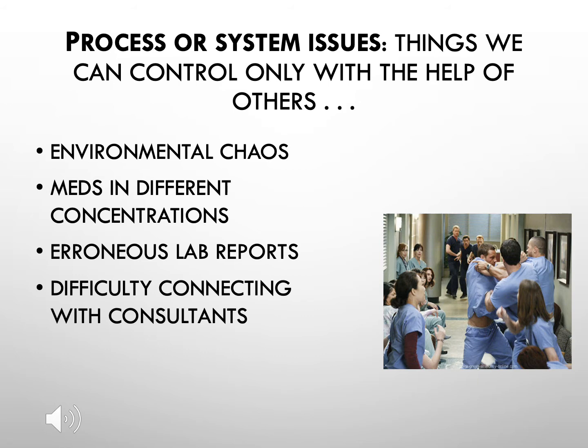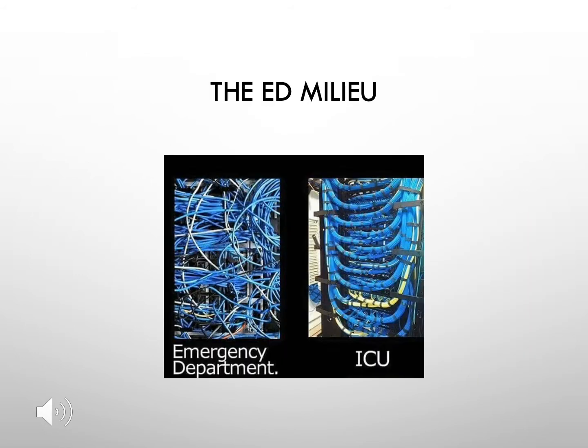Process issues contributing to error generation in the emergency department are legion, and it's understandable. These are wiring diagrams which display the difference between the way things occur in the emergency department with the chaotic things running everywhere, and in the ICU where the flow tends to be more controlled, shall we say.